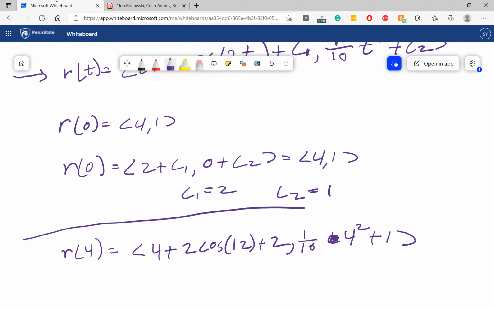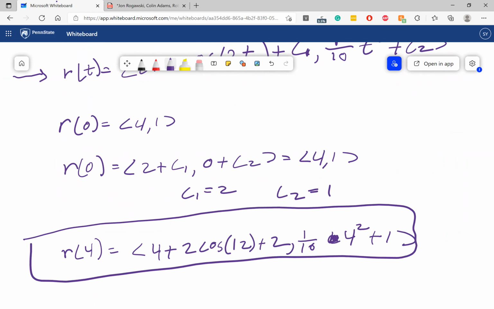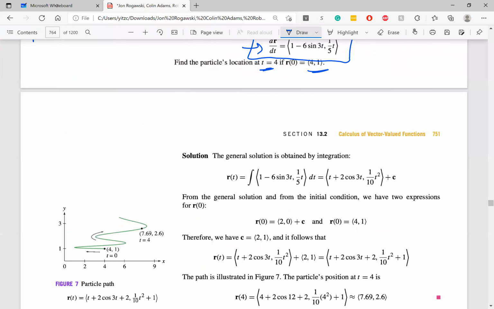And this will be your position at time 4. Any questions? No? Okay.